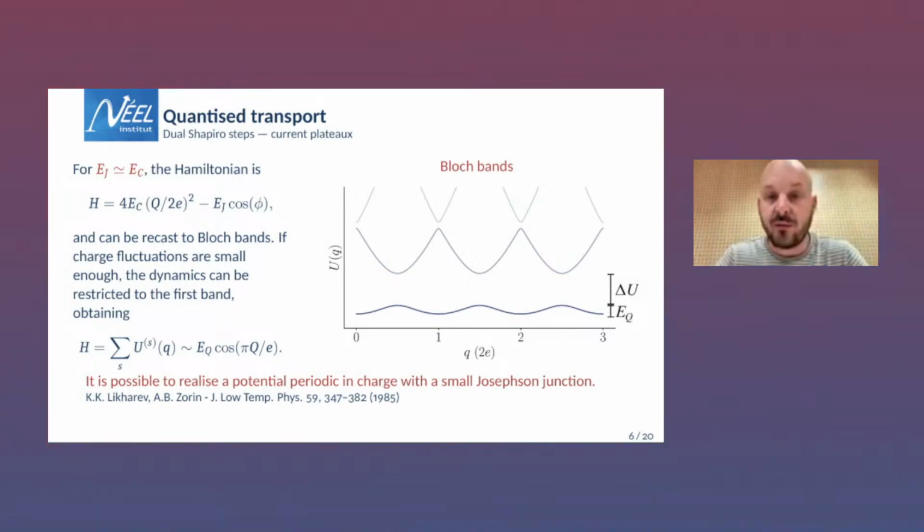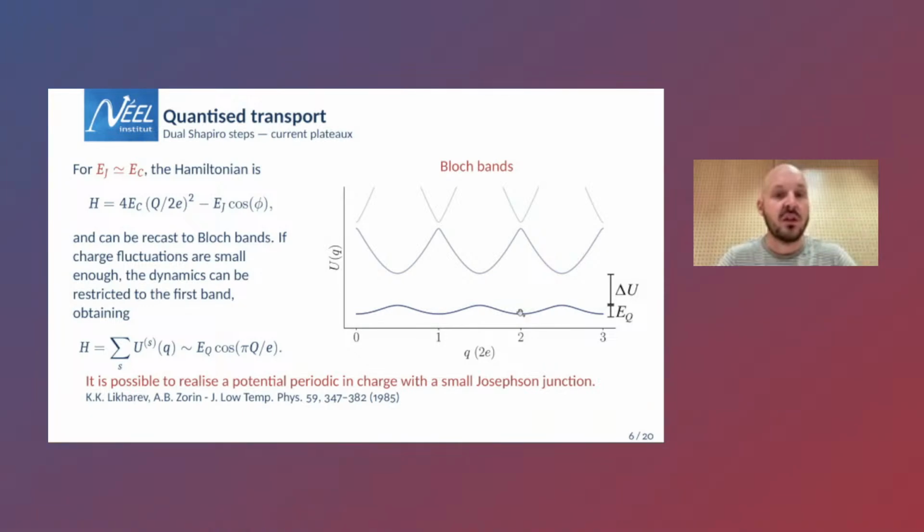Now, if you really want to observe these steps, you need to restrict the dynamics of your effective charge particle to one band. Similarly to what we've discussed regarding the AC Josephson effect. So you want your particle to live only on this band.